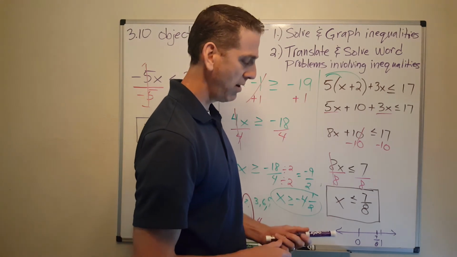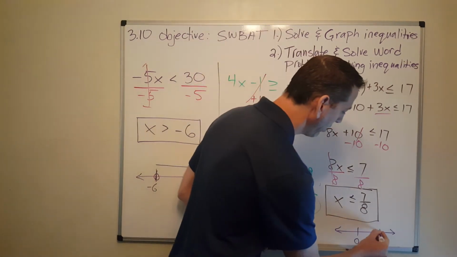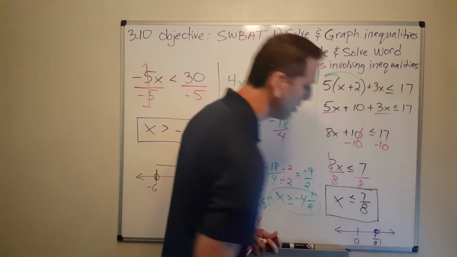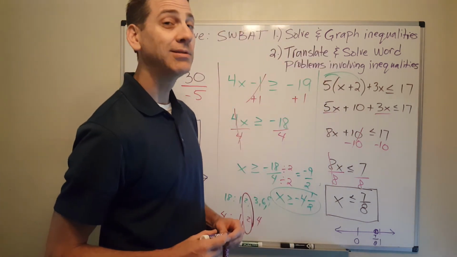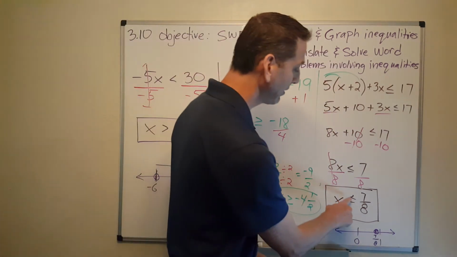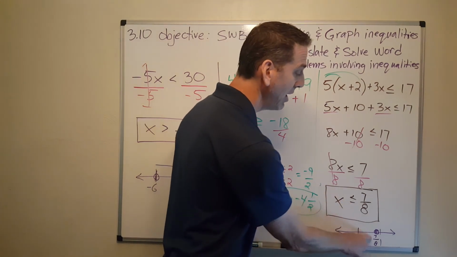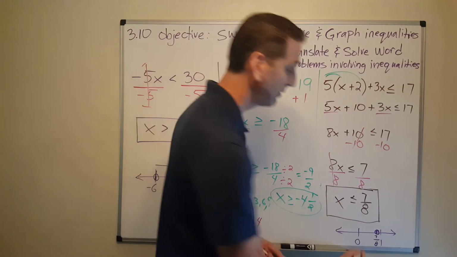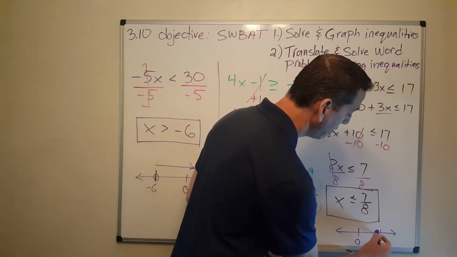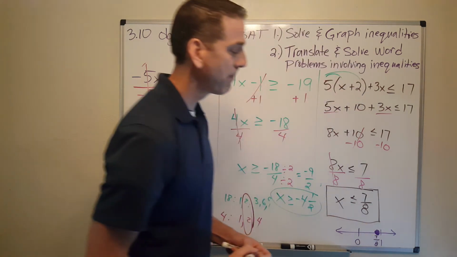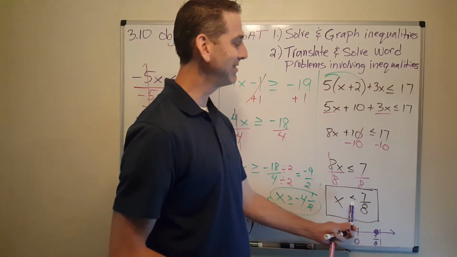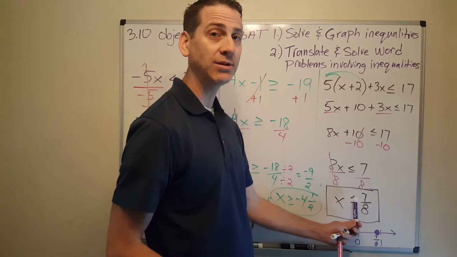Okay. Now I just make a circle. Is it going to be closed or is it going to be open? It's going to be closed because it's less than or equal to. Okay. So 7/8 is part of the solution set. So I close that up. And x is less than. Which direction is less than?